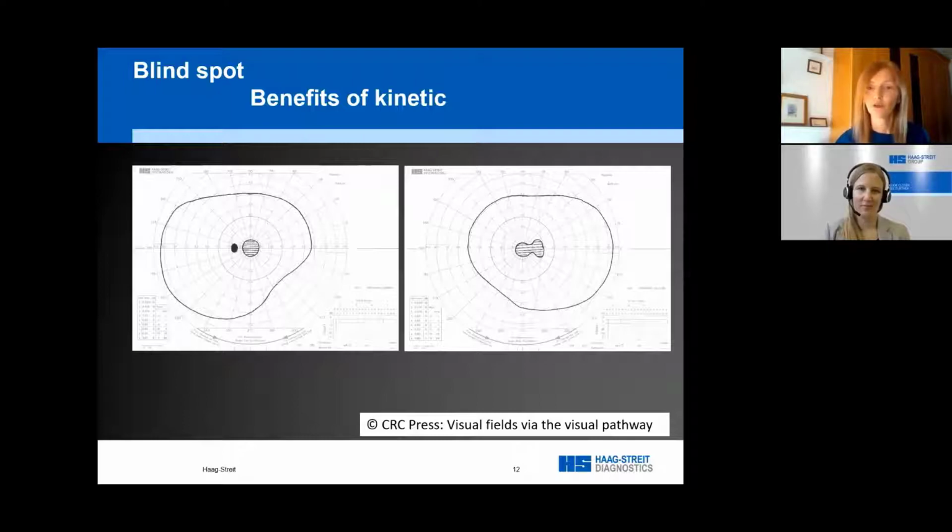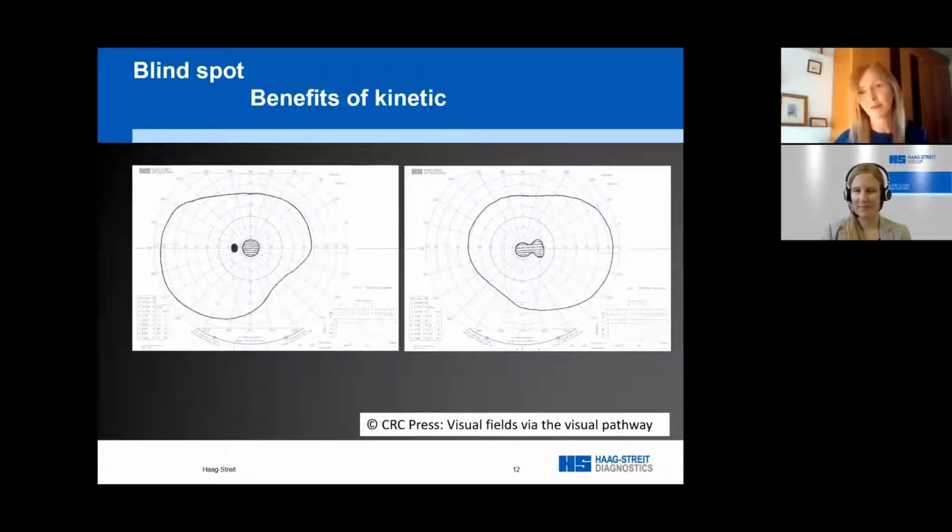You do need to know if the blind spot is separate from a central scotoma, or whether the defect is connected, as in this example of a cecocentral scotoma. And that really is important to aiding the accurate diagnosis of the underlying condition. So I think it's quite easy and quite quick to do that in kinetic.